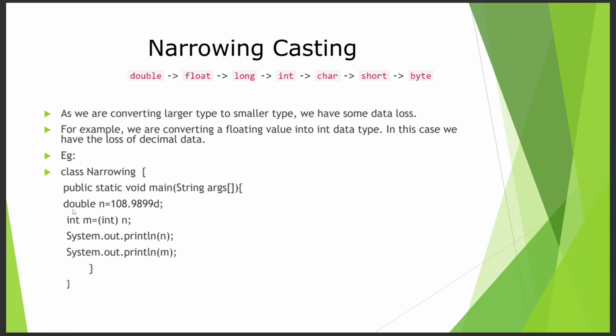For example, double n is 108.9899, which is a double number. When we convert this n to integer, which has no decimal values, and store it in m, there will be no values after the decimal.